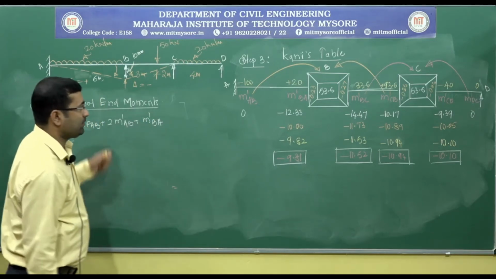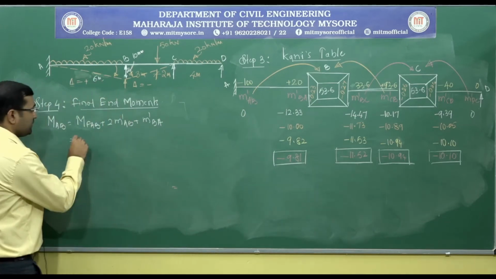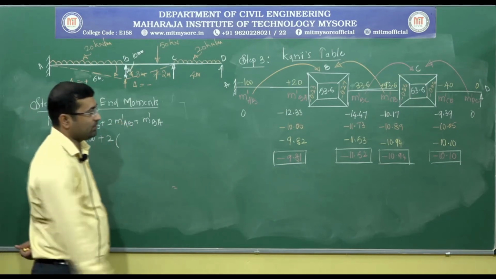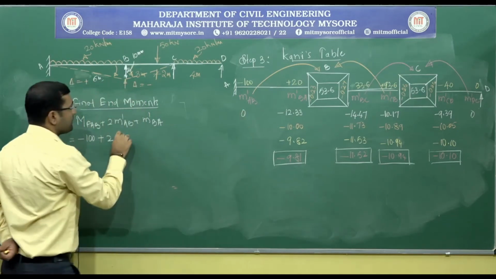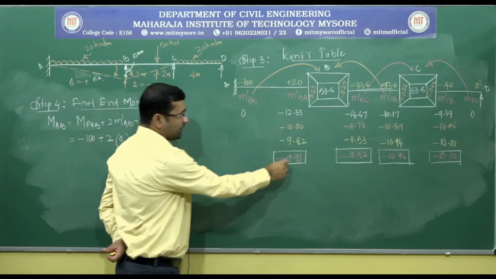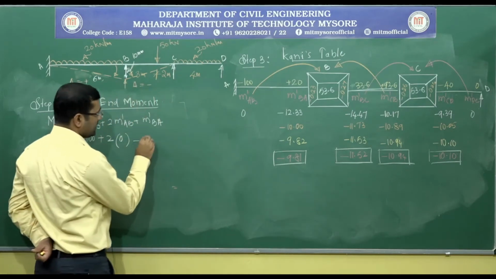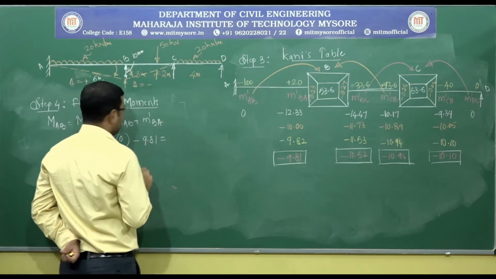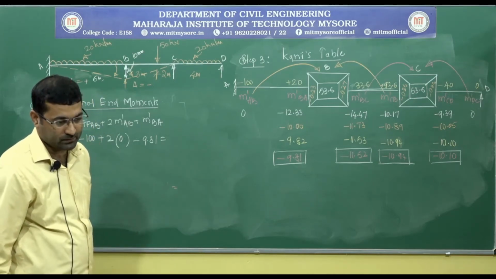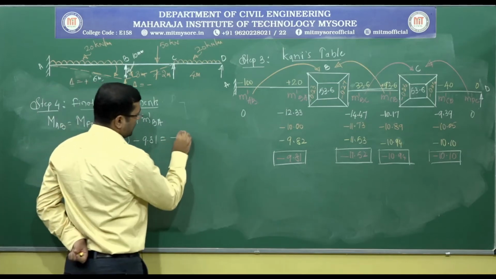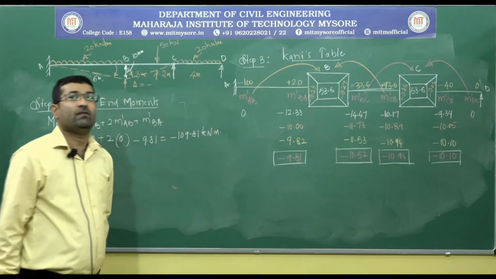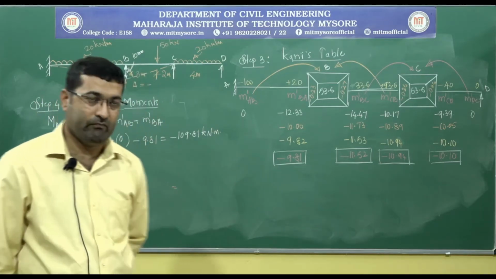For the AB member MF AB is minus 100, so it is minus 100 plus 2 times M dash AB, which is 0, plus M dash BA. As per our calculation, the M dash BA is minus 9.81, which gives you minus 109.81 kilonewton meter as the final end moment.